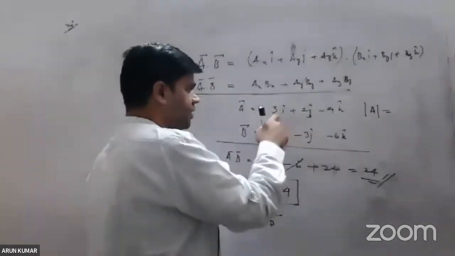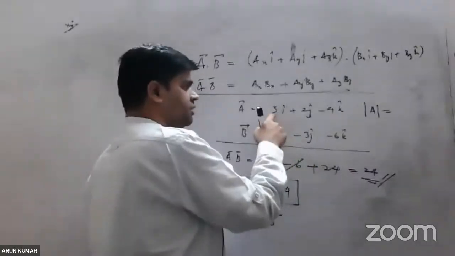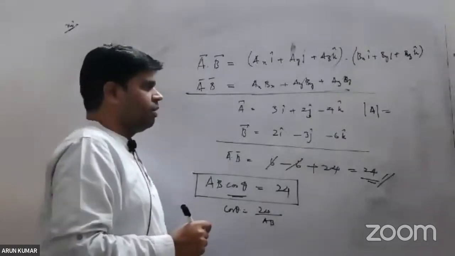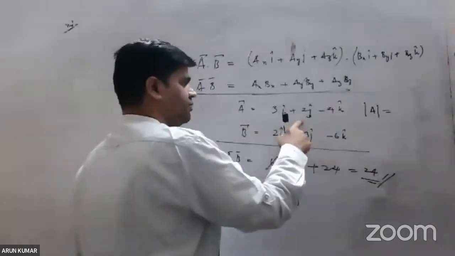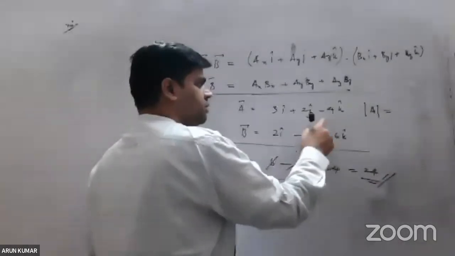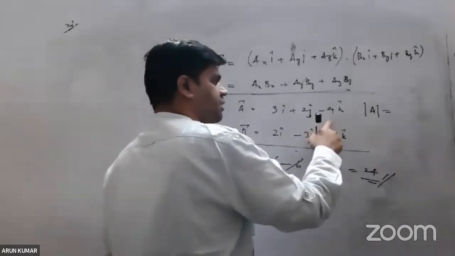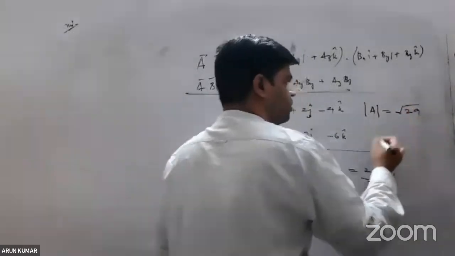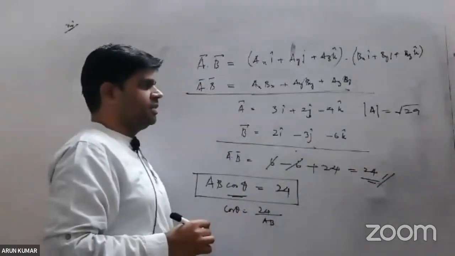The length of the vector A, mod A, is the square root of ax square plus ay square plus az square. So that would be 9 plus 4, 13, plus 16, 29. Root 29.